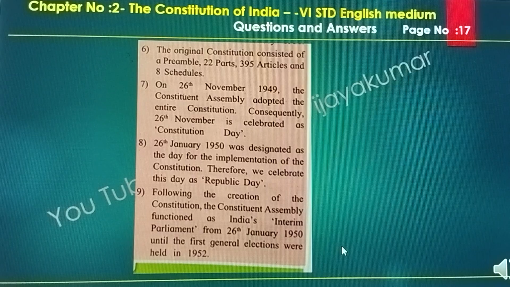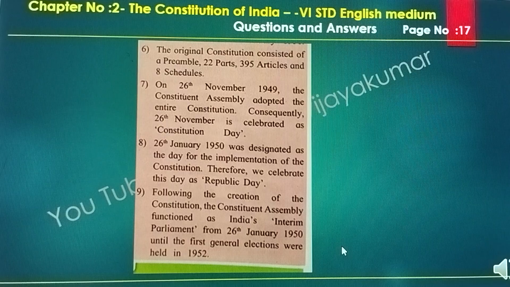On 26th November 1949, the Constituent Assembly adopted the entire Constitution. Consequently, 26th November is celebrated as Constitution Day. 26 January 1950 was designated as the day of implementation of the Constitution. Therefore, we celebrate this day as Republic Day.